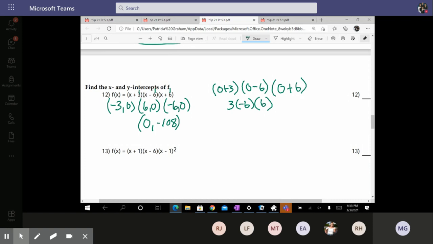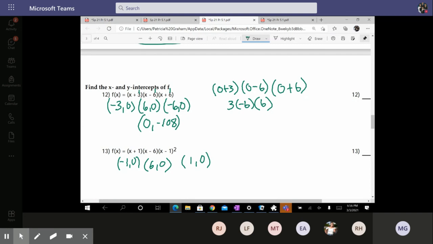What about 13? My x-intercepts: negative 1, 0; 6, 0; and 1, 0. At negative 1, my graph will cross over that x-axis. At 6, it'll cross over that x-axis. But at positive 1, it's going to touch that x-axis.